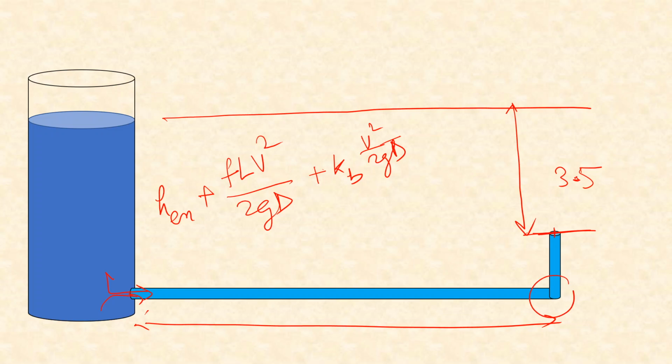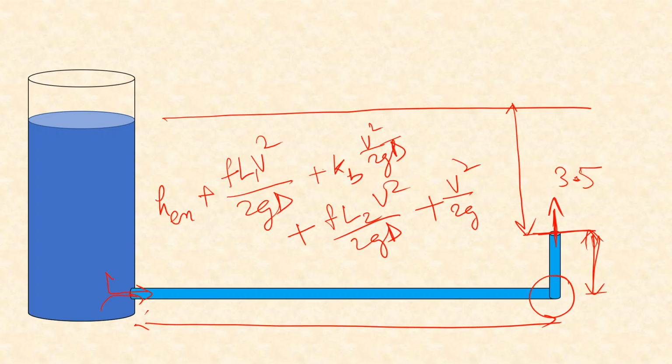So this is the loss at this point, and then additional loss will be while flowing through this pipe segment, that is plus f L2 V square by 2g D, and plus finally the head loss due to exit, which is V square by 2g. Now this will be equal to 3.5 meter.